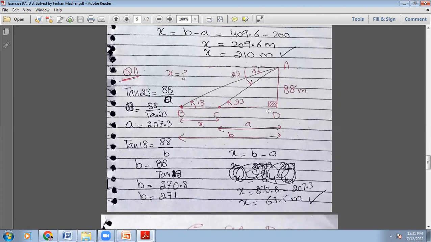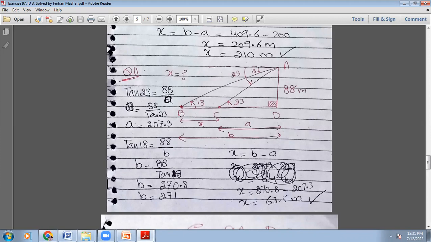The distance of C from the foot of the cliff is A, and the distance of B from the foot of the cliff is B. I will use this smaller right angle triangle and apply tan. So tan 23 equals 88 divided by A. So A equals 88 divided by tan 23, which is 207.3.